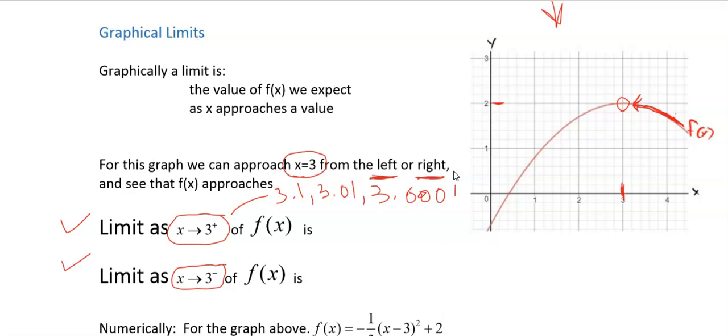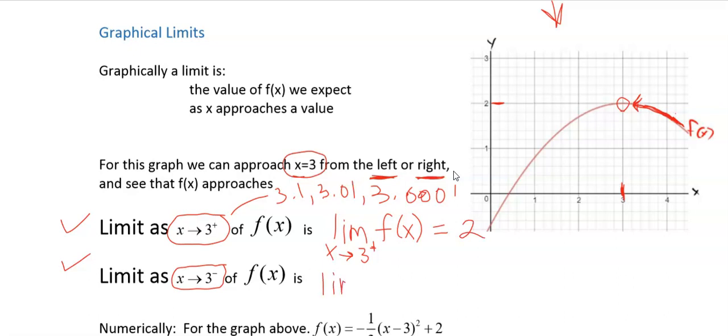So the way we write that is the limit as x approaches 3 from the right-hand side. Notice a little plus sign there. That doesn't mean positive. It means from the right-hand side of f of x. And the y value that I'm getting closer and closer to is 2. And that's the way we write the limit.